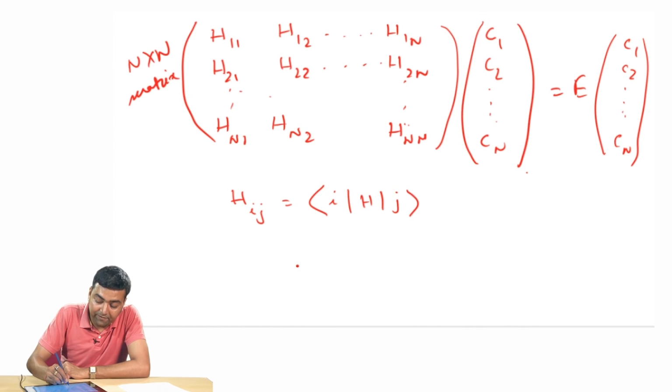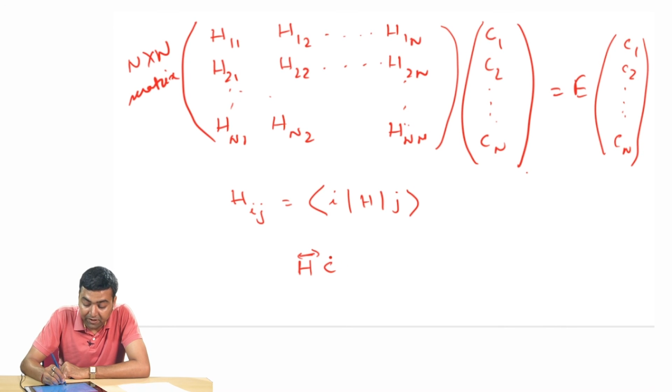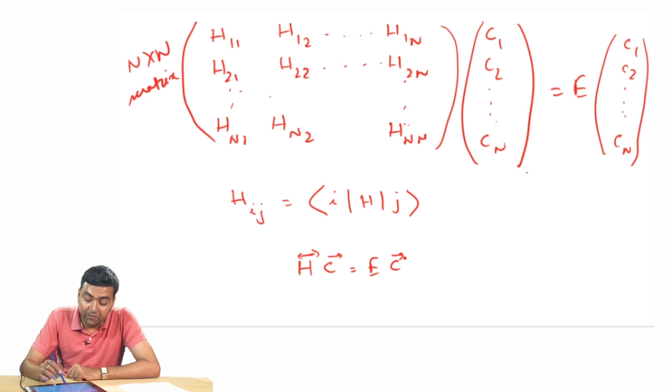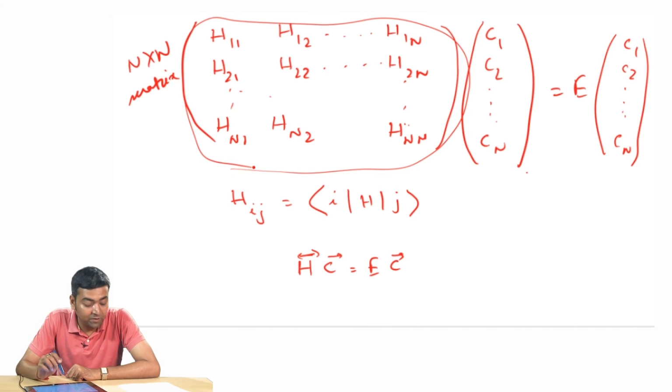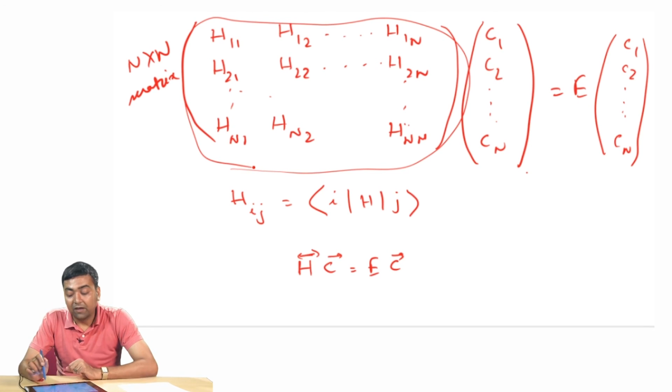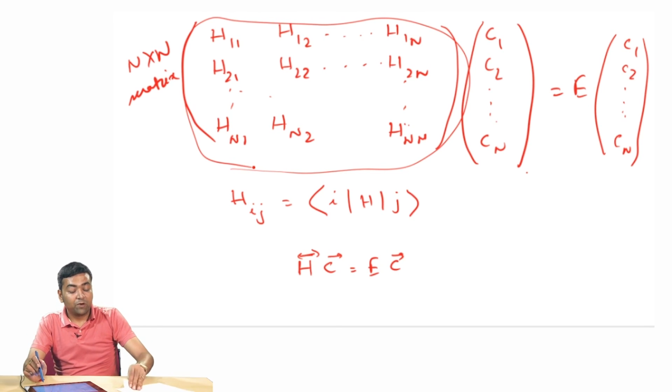So, what I have is a matrix equation which I need to solve. This matrix H acting on this vector C will give me E times C. So, in order to find this vector C and the energy eigenvalues E, I need to diagonalize this matrix. If I am able to diagonalize this matrix, then I will be able to solve the unknown problems.